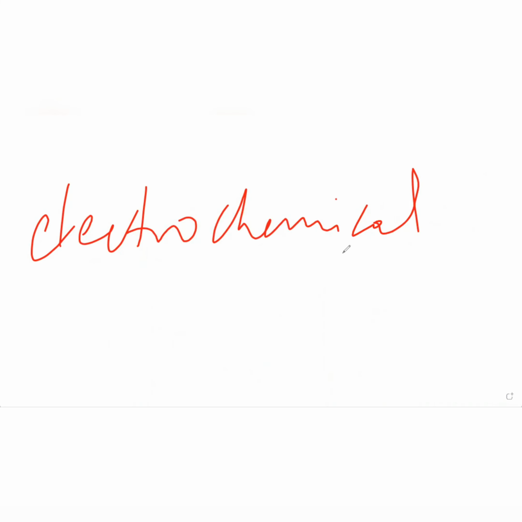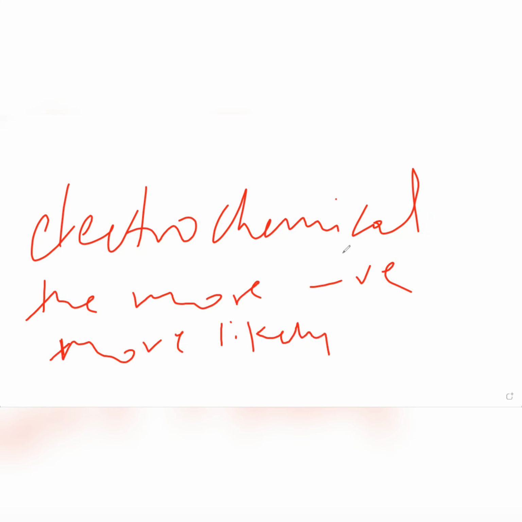Now, the critical thing about the electrochemical series is that the more negative the number is, the more likely it is to cause reduction in another species. All right? So the ones which are most negative would cause reduction.